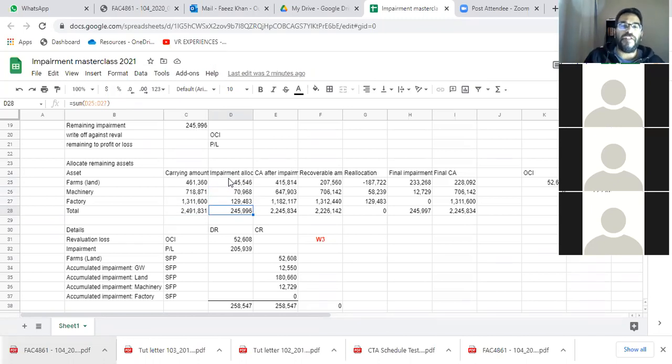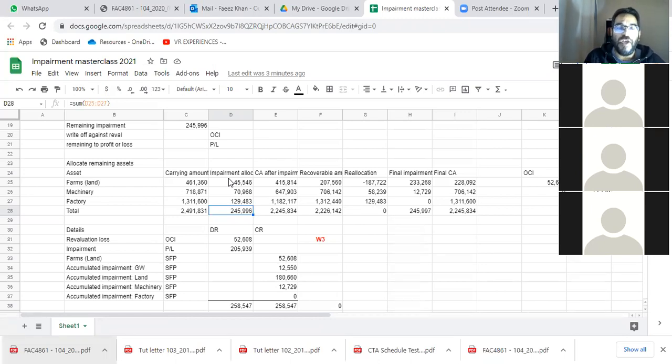But immediately after that paragraph where IAS 36 says, allocate the remaining impairment amongst the remaining assets on a pro rata basis based on the carrying amount, the paragraph after that says, once you have done the allocation, compare, well, I'm paraphrasing obviously, compare the carrying amount after impairment with the individual asset's recoverable amount.